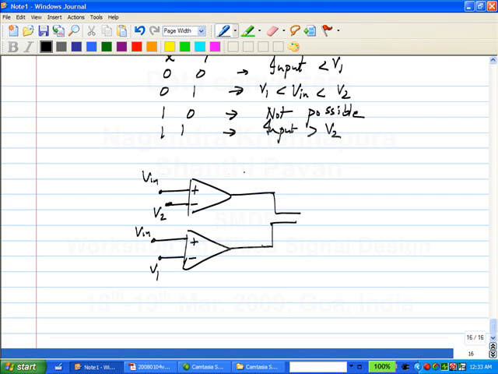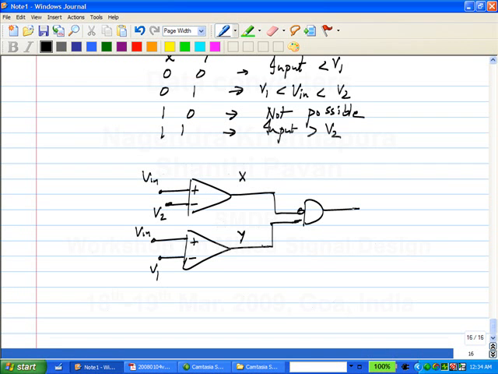This is X and this is Y. The only answer possible which will indicate that the input lies between V1 and V2 is when X is 0 and Y is 1. So if I want a logical output, what will I do? I want to compute X bar Y. Right?